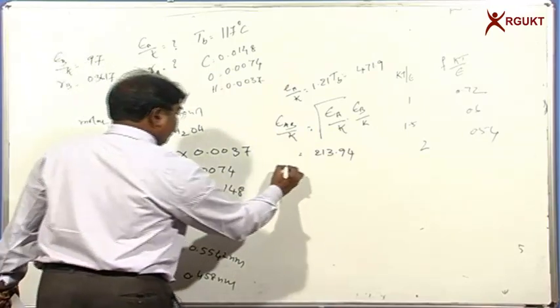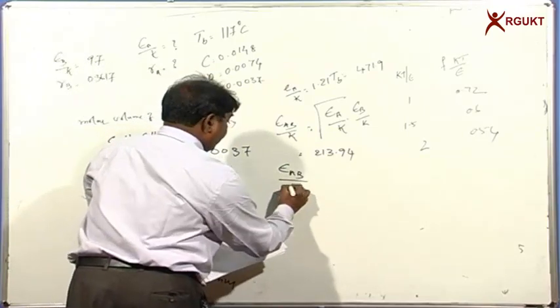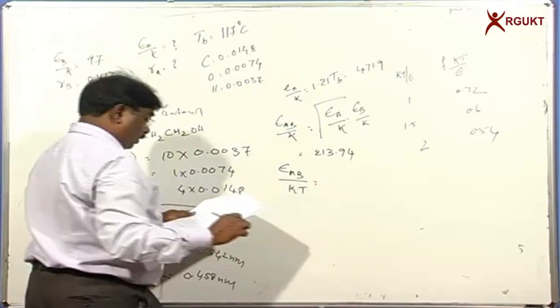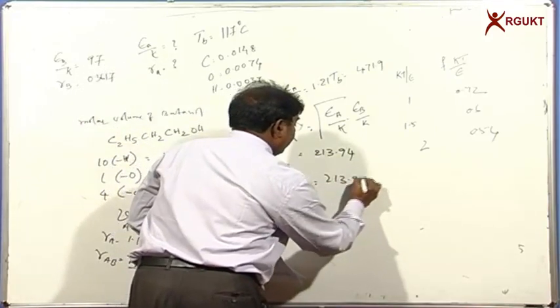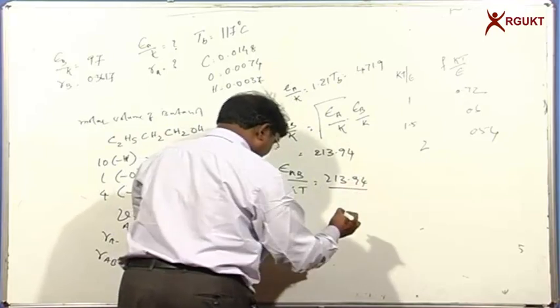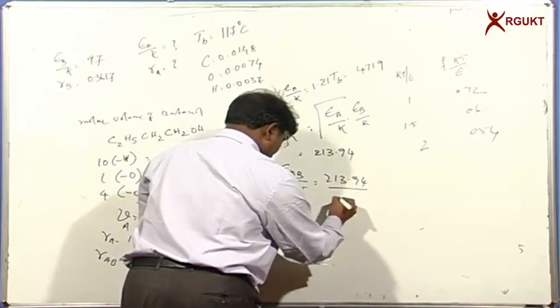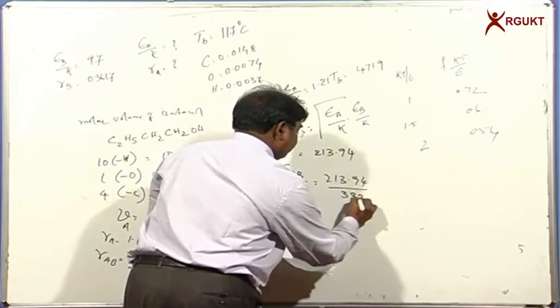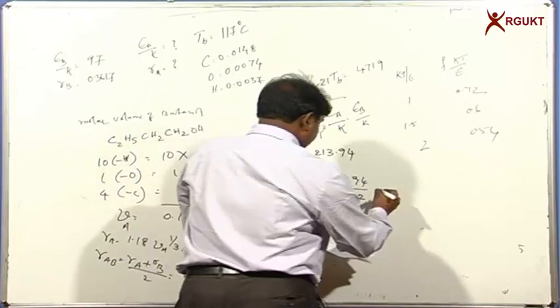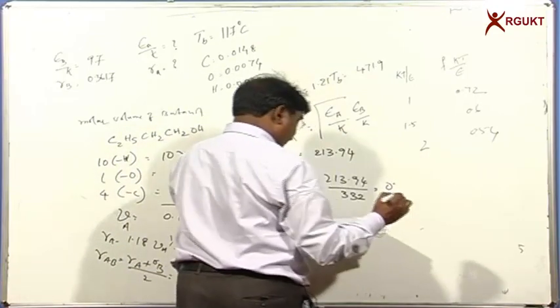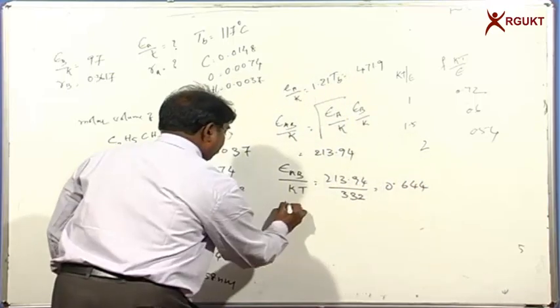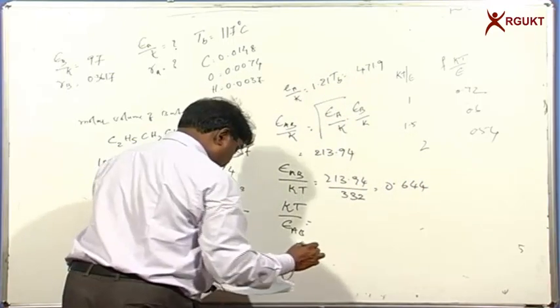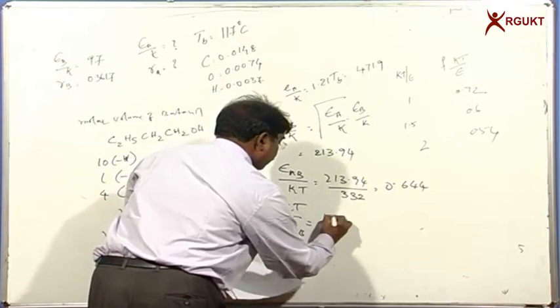Epsilon AB by K into 1 by T is equal to 213.94 divided by 332, that is equal to 0.644. So KT by epsilon AB is equal to 1.552.